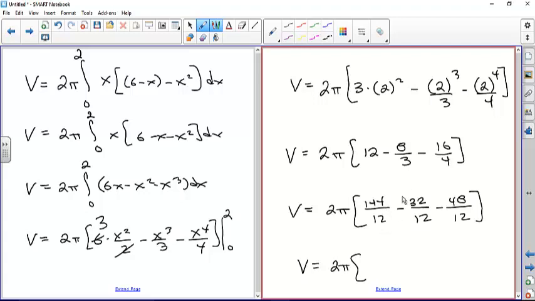So 144 minus 32 minus 48. The whole thing's 64. 64 over 12.